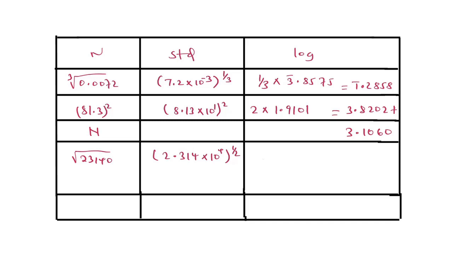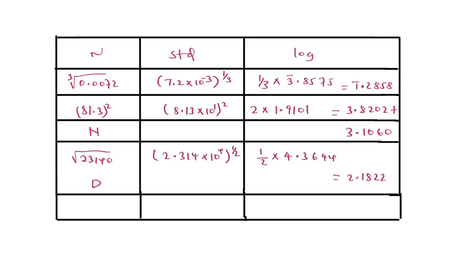Then the value for the logarithm is going to be 1 over 2 times 4.3644, of which solving this we are going to have 2.1822, and this is the value of our denominator.